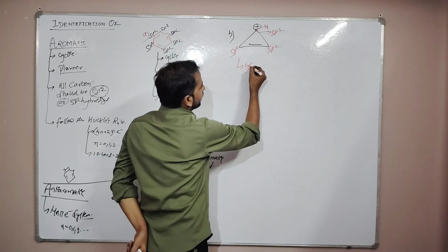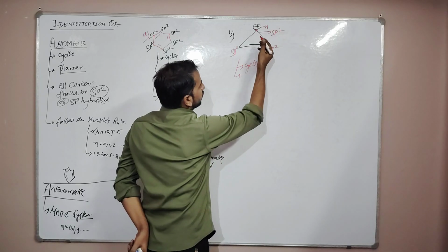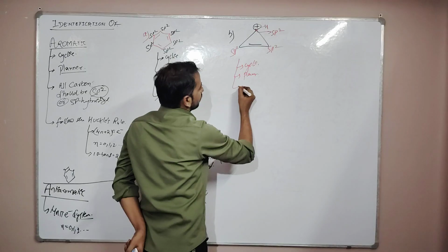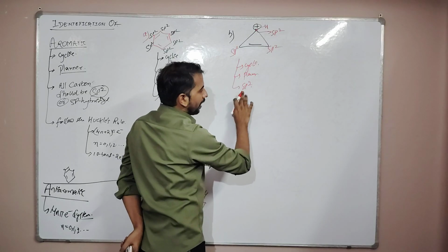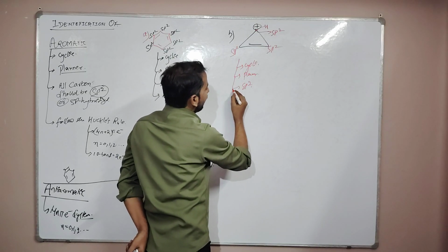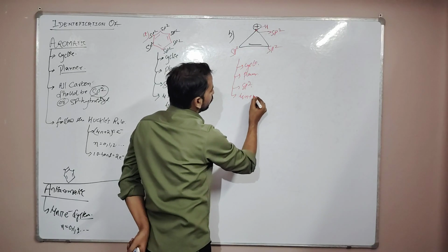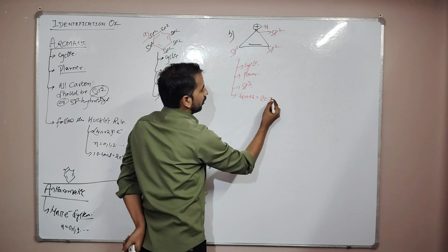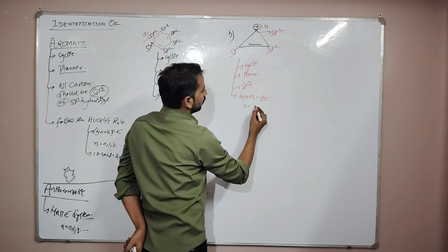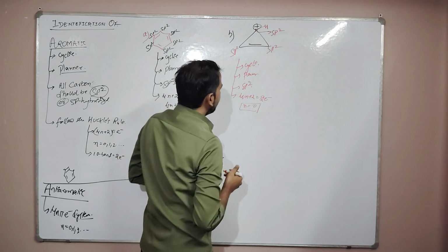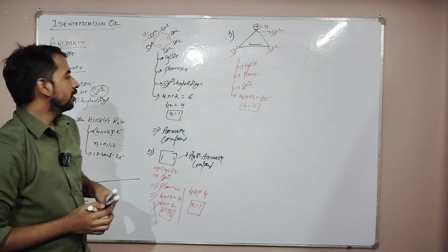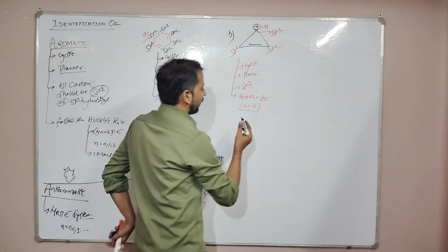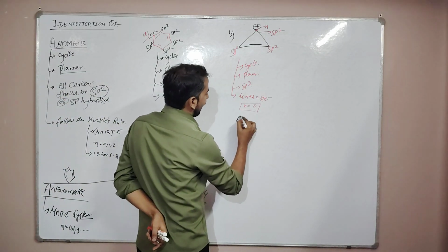The compound is cyclic. Since all carbons are sp2 hybridized, it is planar. And for 4n plus 2, how many electrons? 1 pi bond means 2 electrons. It means n is equal to 0. So it follows all the criteria of an aromatic compound. So this compound is also an example of an aromatic compound.